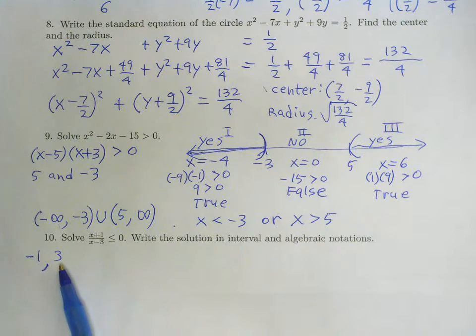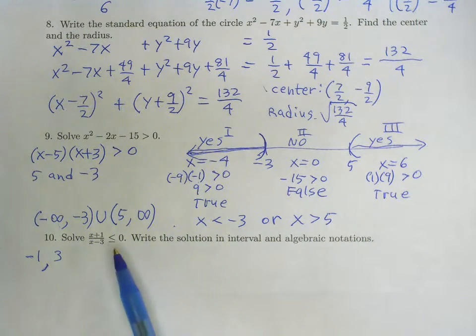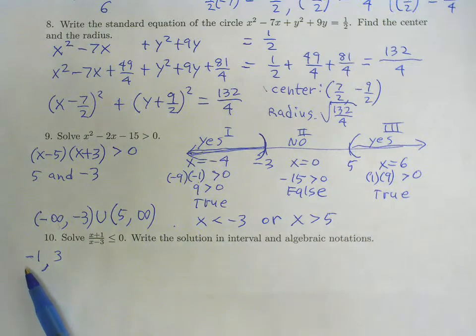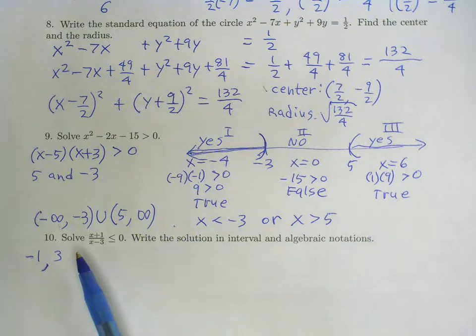So we always exclude endpoints that come from denominators. And then endpoints that come from numerators, they may or may not be part of the solution. It all depends on the inequality. Since this is less than or equal to 0, that means we will include -1, which comes from the numerator.